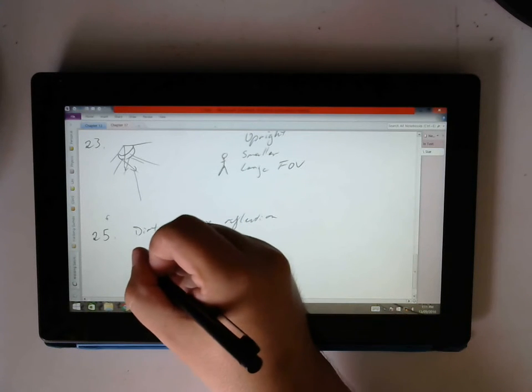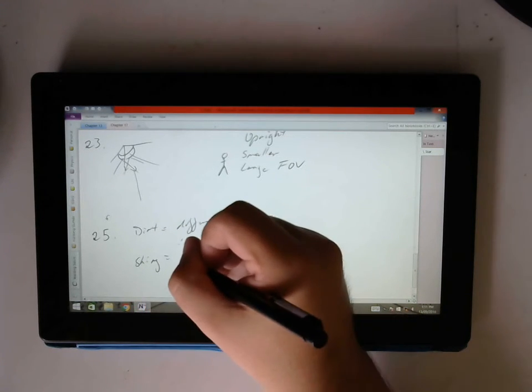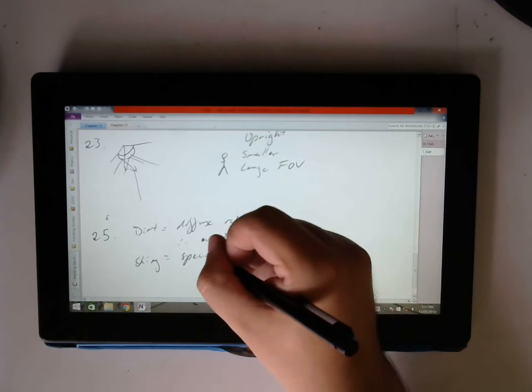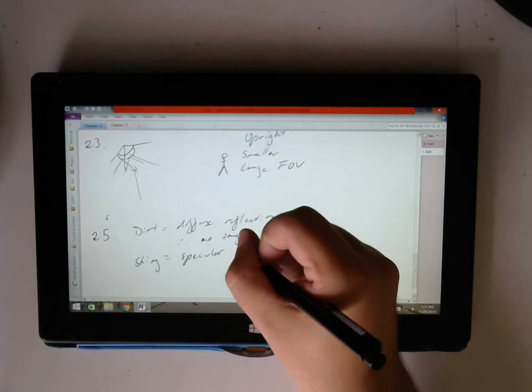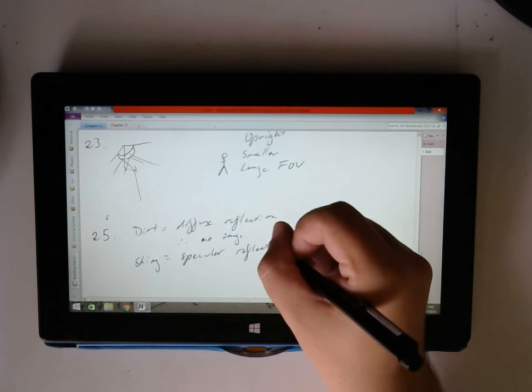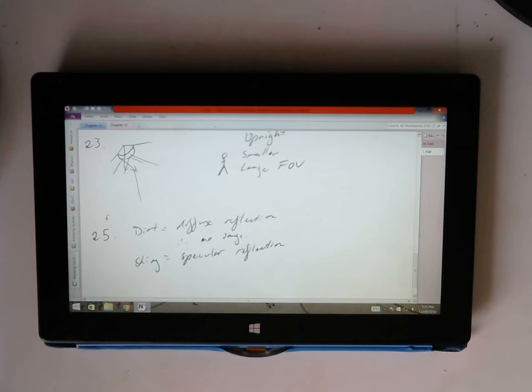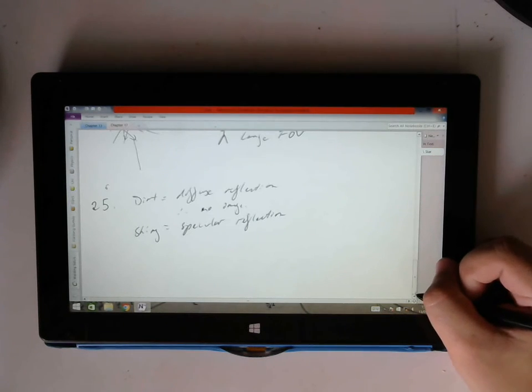Okay, shiny equals specular reflection, because that's what shiny means. If it's shiny, that means the light is reflecting as a fairly large amount towards your eye, and so it looks shiny to you, and so you can end up with specular reflection. That's all there is to this sort of question.